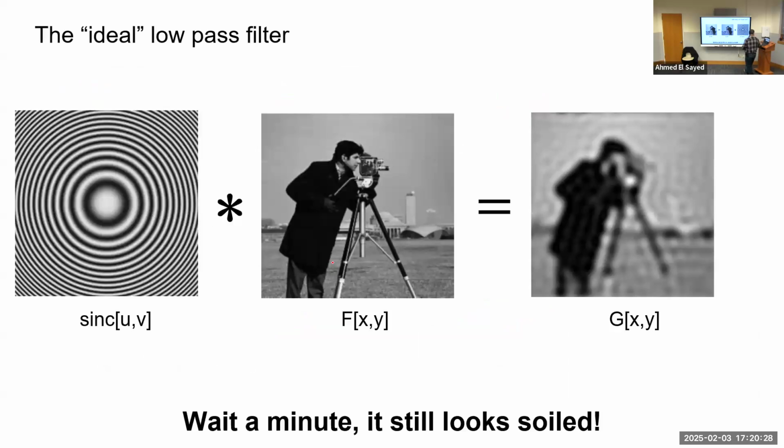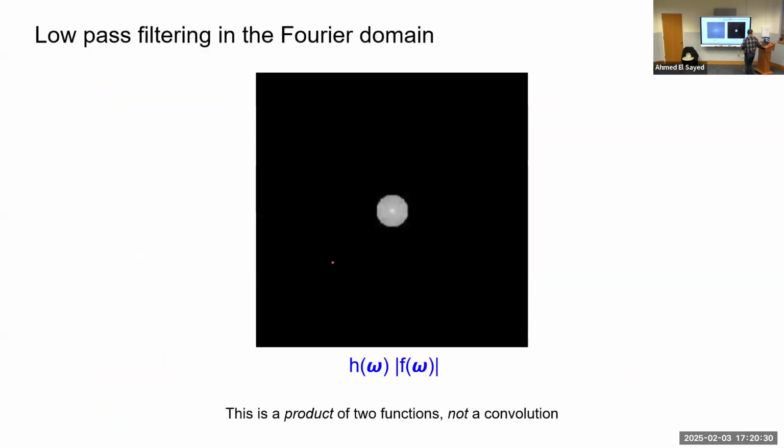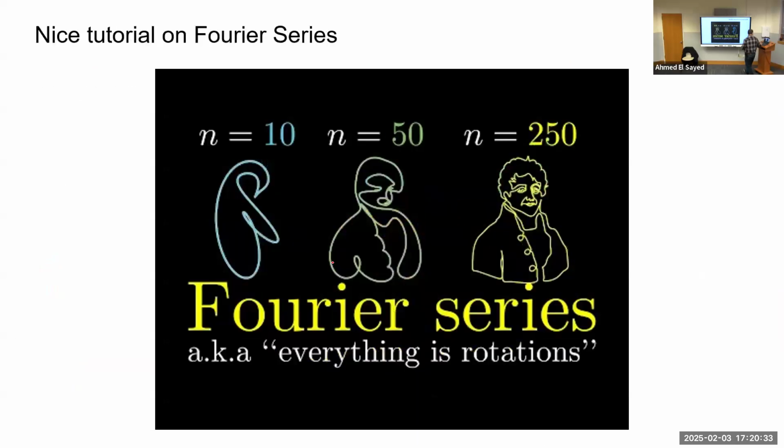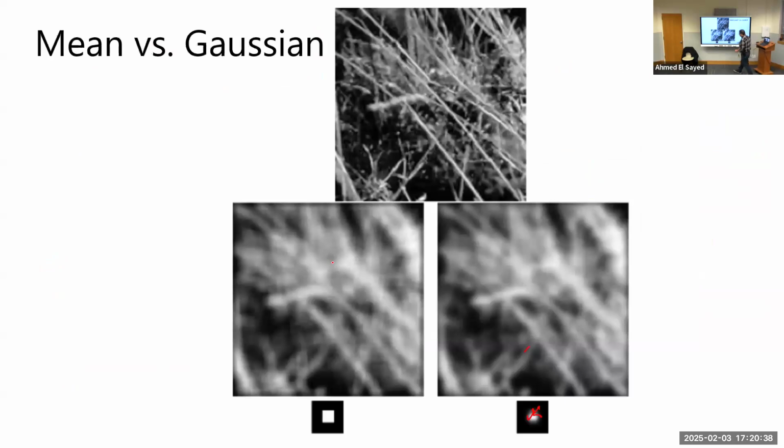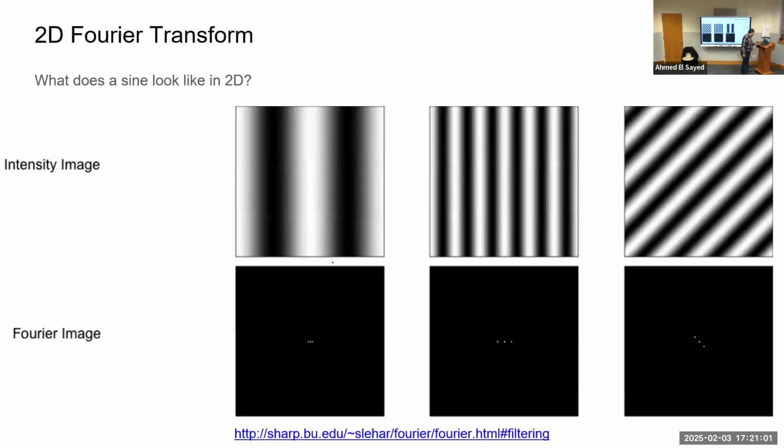So the effect of the Gaussian comes from the fact that it keeps part of the high frequency components to make the image still visible and have some details. Okay? That's why the Gaussian filter works better than the box filter or the ideal filter.